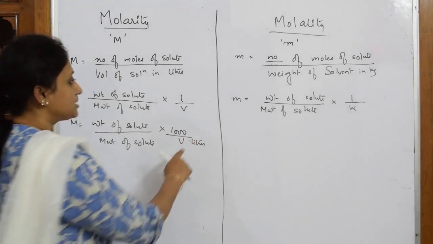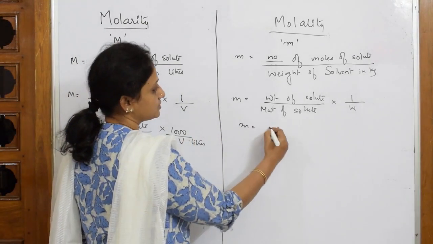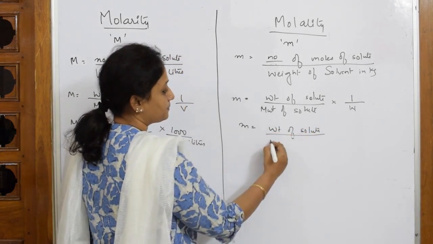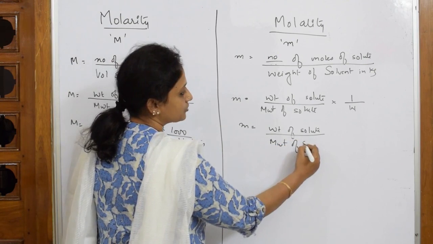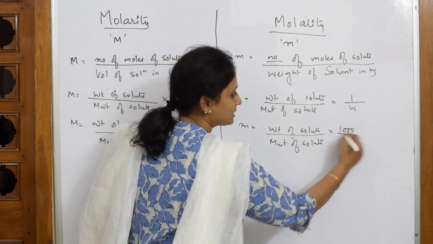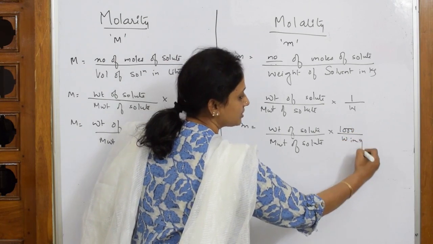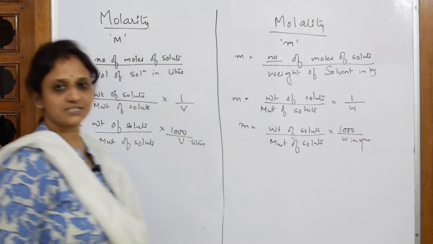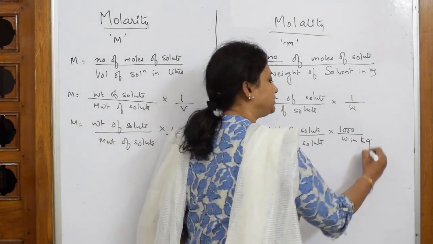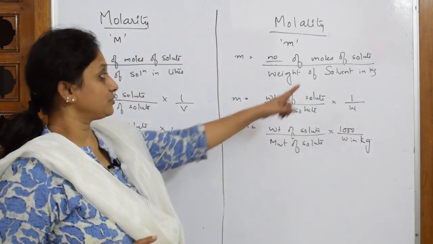It's the same thing for molality: weight of solute by molecular weight of solute into 1000 by weight of solvent in kg. I'm sorry, weight of solvent in kg.